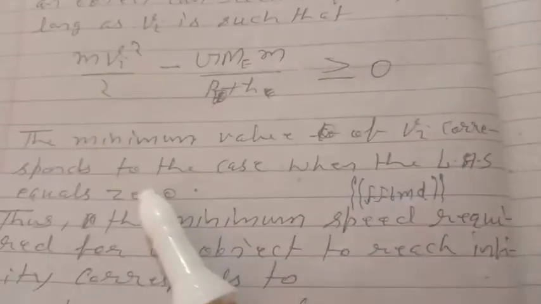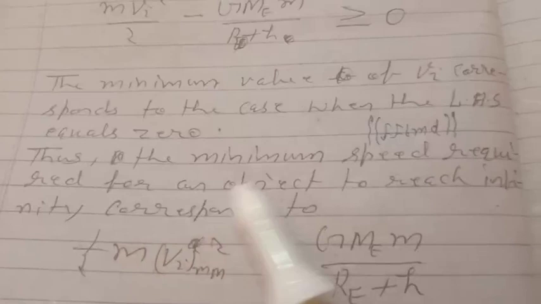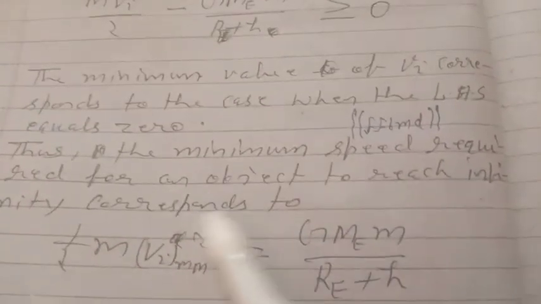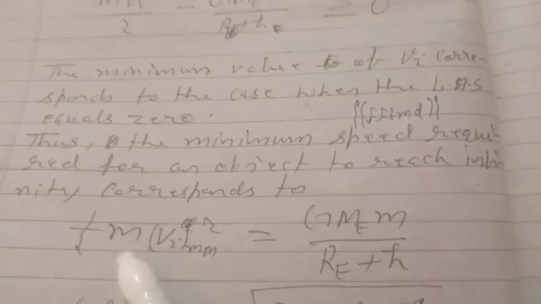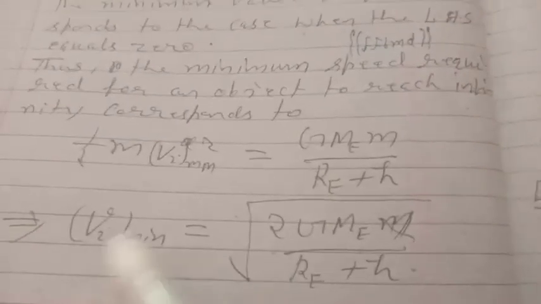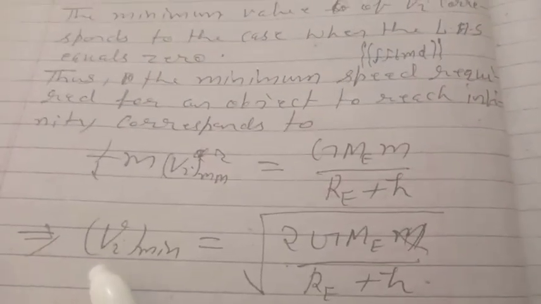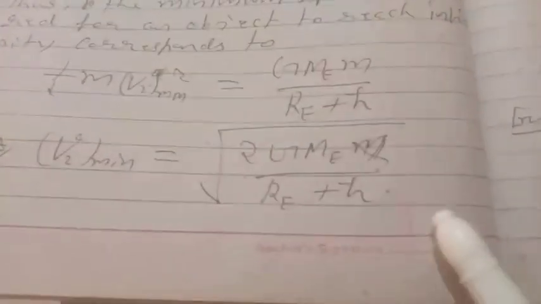The minimum value of Vi corresponds to the case when the LHS equals 0. Thus, the minimum speed required for an object to reach infinity corresponds to 1 by 2 m Vi square equals G Me m by Re plus h. This implies Vi minimum equals under root 2 G Me by Re plus h.